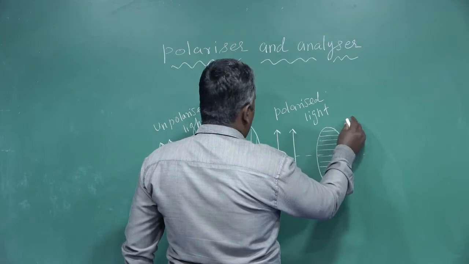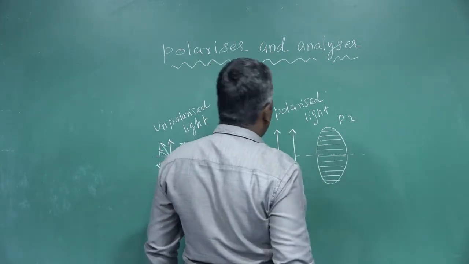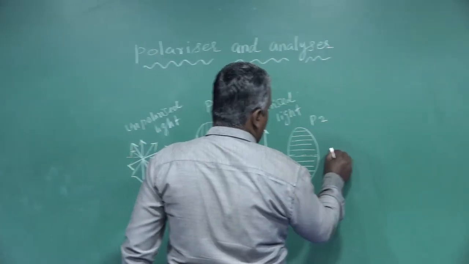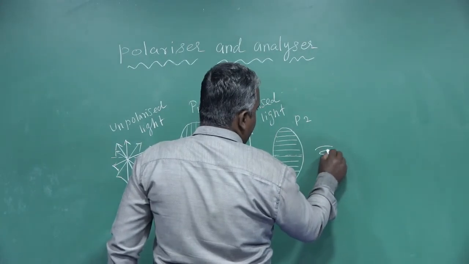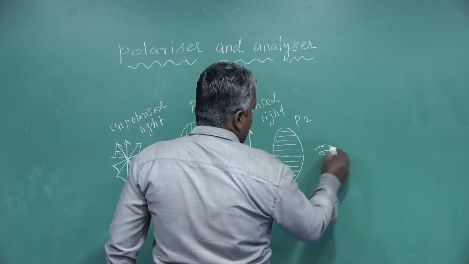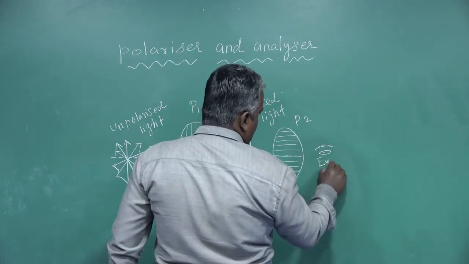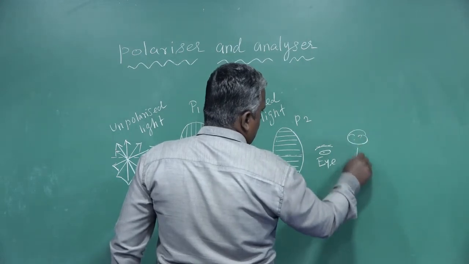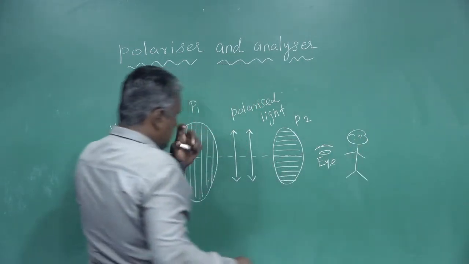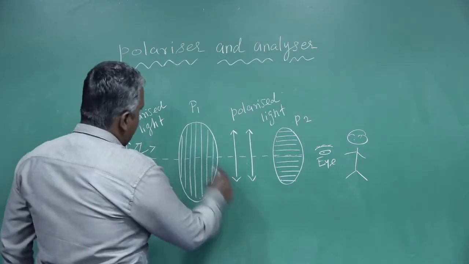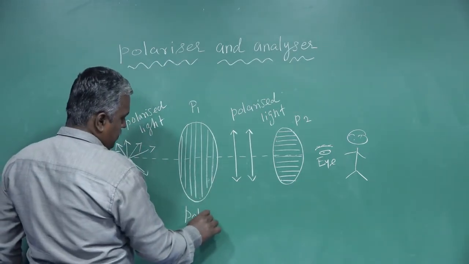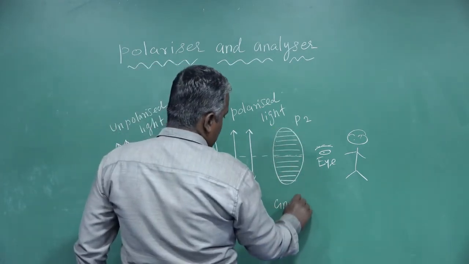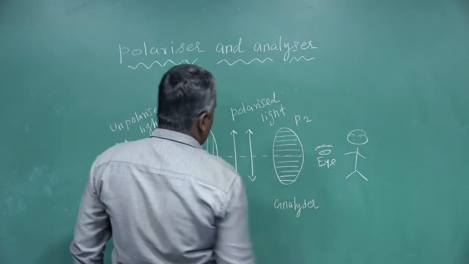This is polarizer P2. This is I, the eye, or U. This is the polarizer. This is the analyzer.